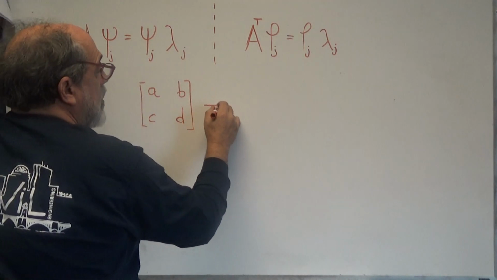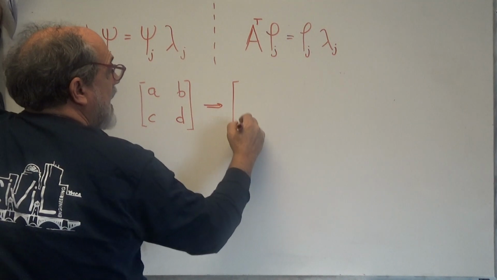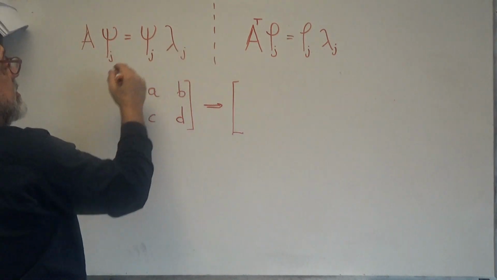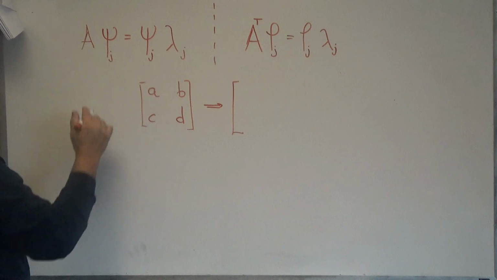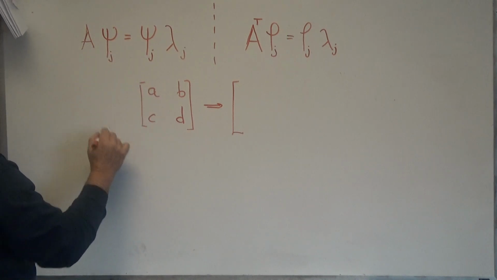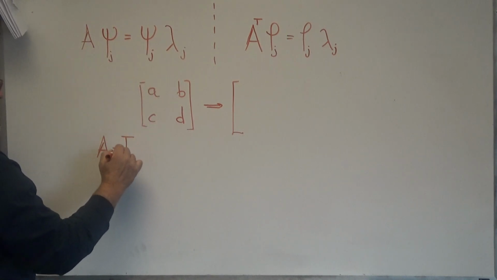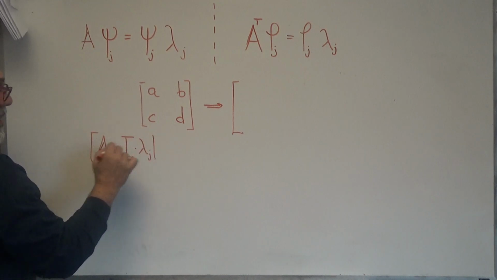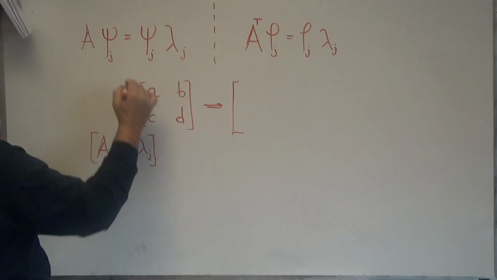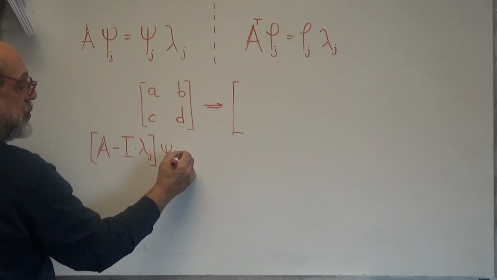From this here, we also have that this is A minus I lambda j multiplied times phi j equal to 0.